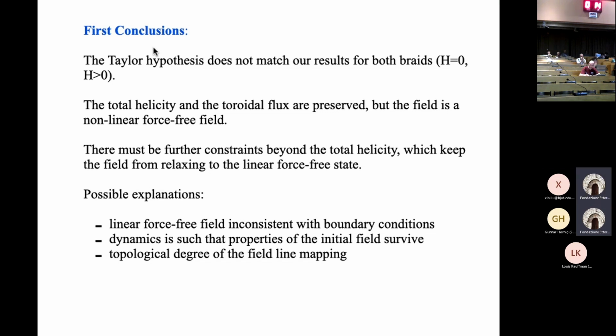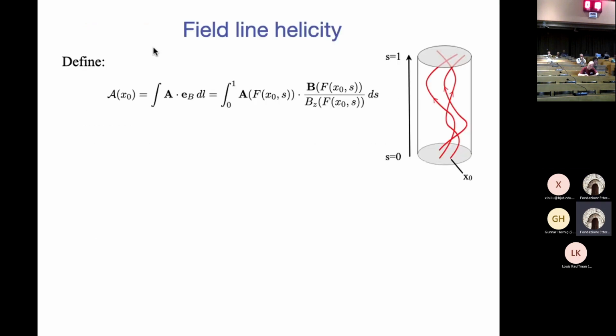There are several different explanations as to why this could happen, and my favorite one is the second one: the dynamics of this process preserves some other invariants which we haven't considered here.